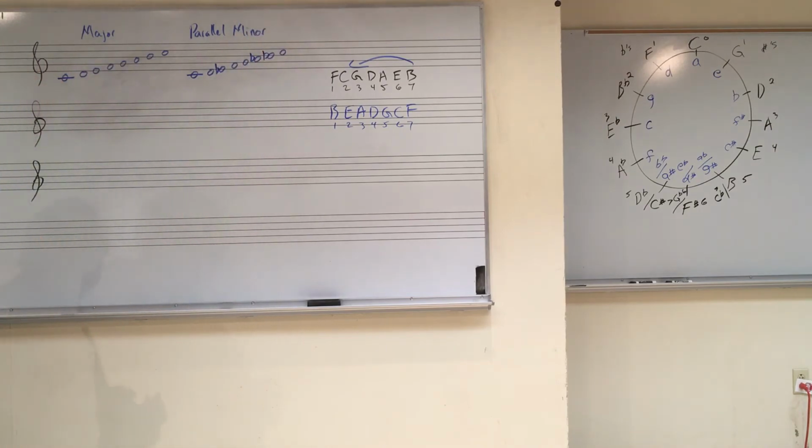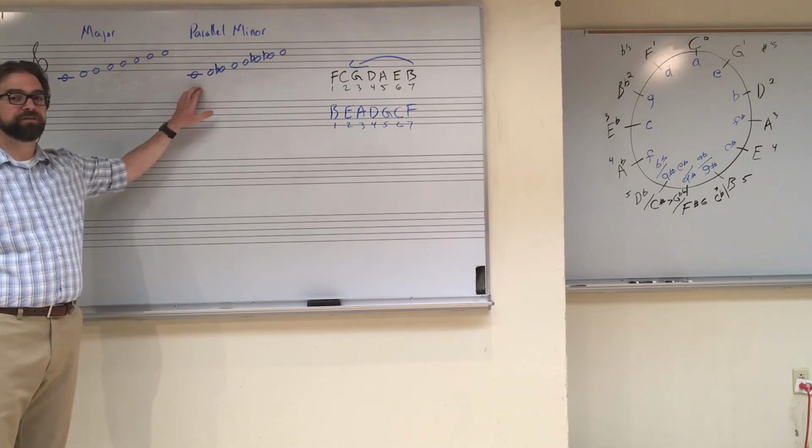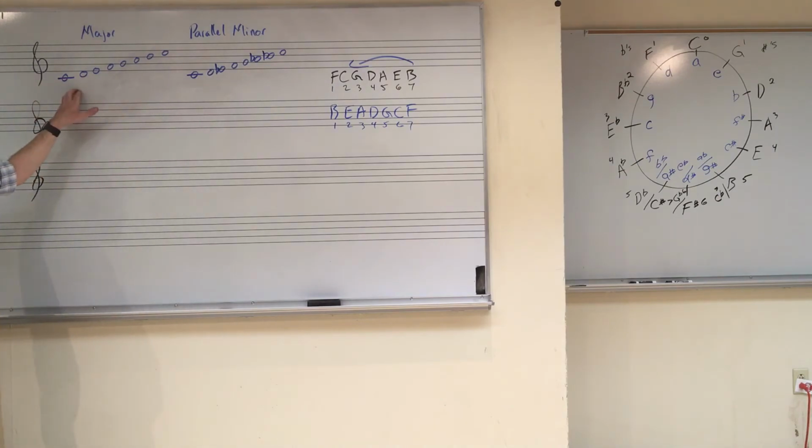One thing that might confuse you is it might ask you, what's the parallel major of C minor? It's really just thinking of it the opposite direction. So the parallel major of C minor would be C major.